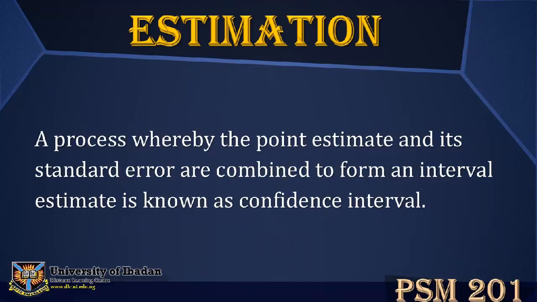A process whereby the point estimate and the standard error are combined to form an interval estimate is known as a confidence interval. It is a range of likely values for an unknown population parameter at a given confidence level, which provides bounds, lower and upper, to our estimate of population parameters. On account of sampling error, it provides the uncertainty attached to sample estimates.